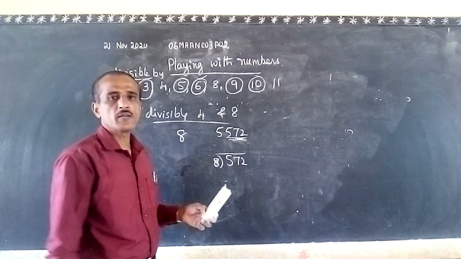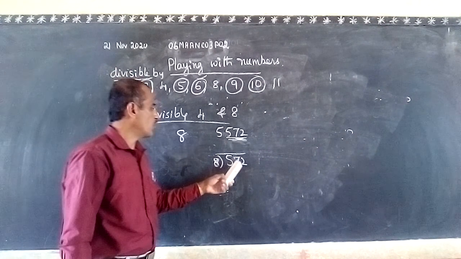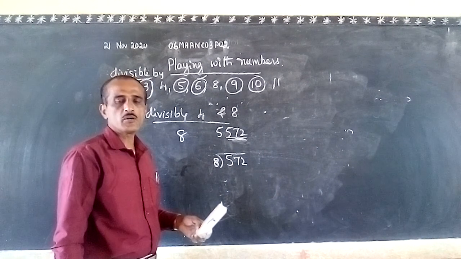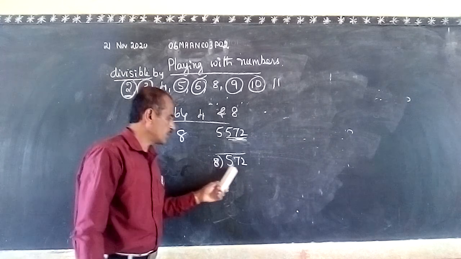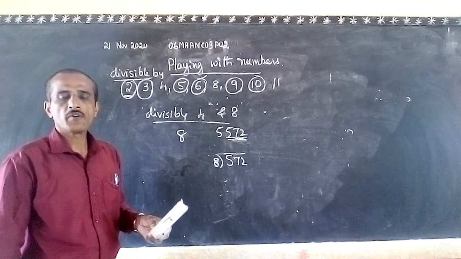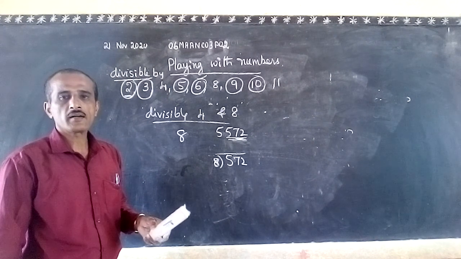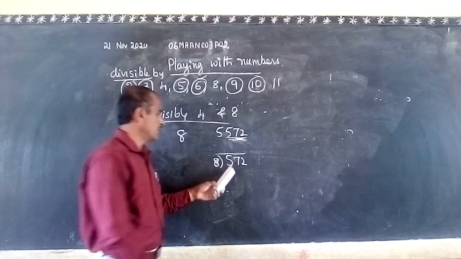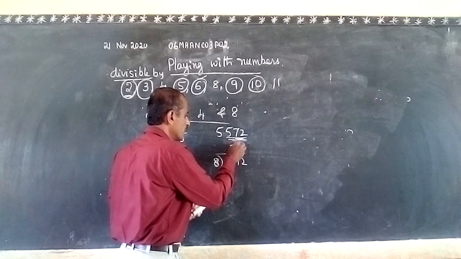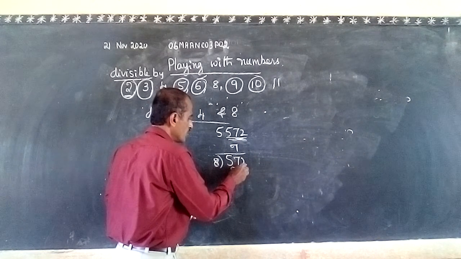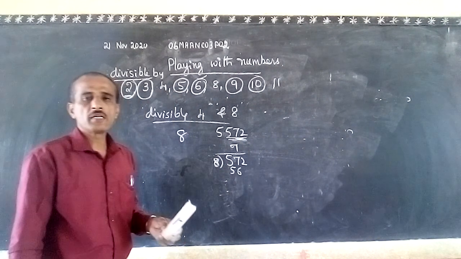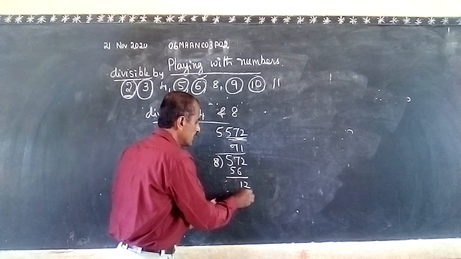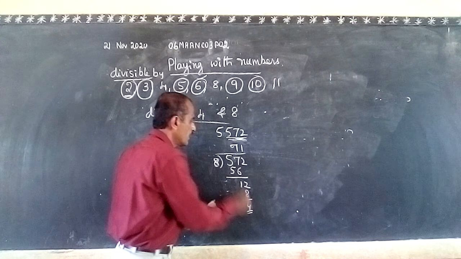8 ones are 8, 8 twos are like that. How many times can you divide? 8 fours are 32, 8 fives are 40, 8 sixes are 48, then 8 sevens are 56, so the remainder is 12, 8 ones are 8, therefore 4 remainder.